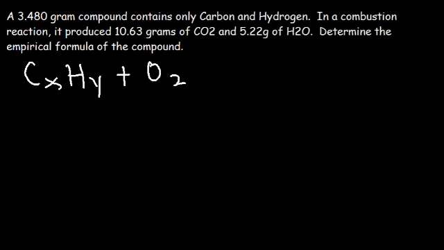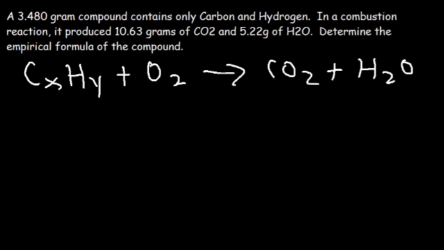This compound is going to react with oxygen to produce carbon dioxide and water. Now we can't balance the reaction since we don't have the subscripts for C and H in the compound. So all we can do is find the number of moles of carbon and hydrogen that is produced in this reaction, or that is found in CO2 and water.